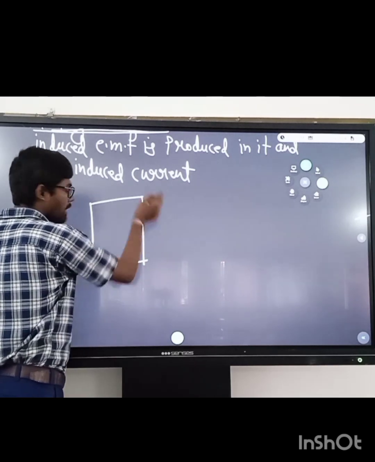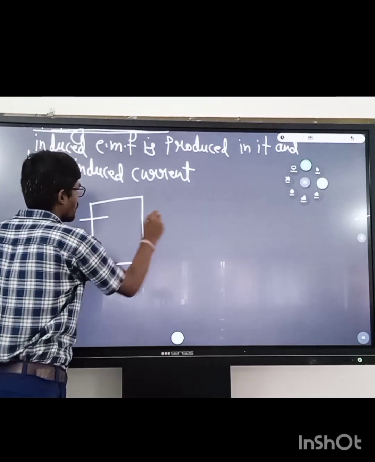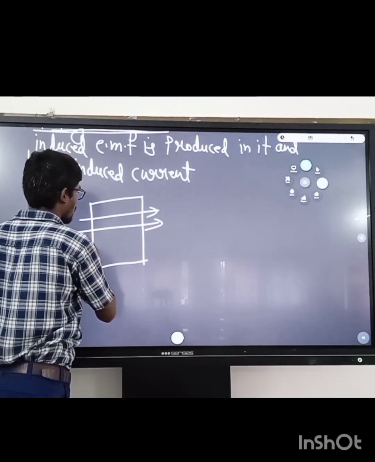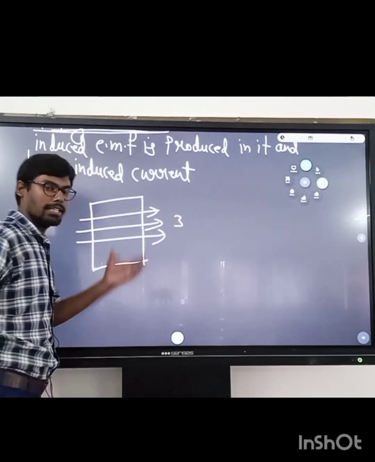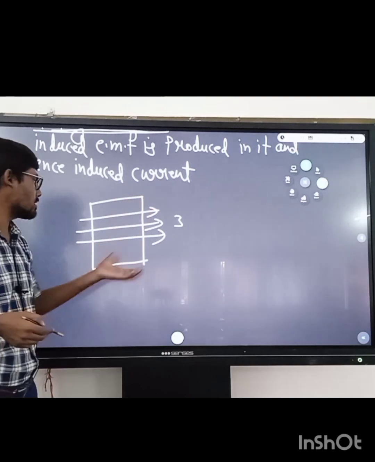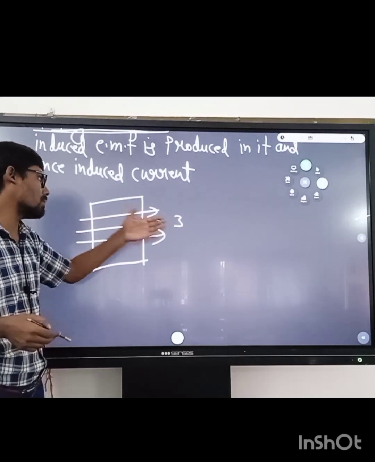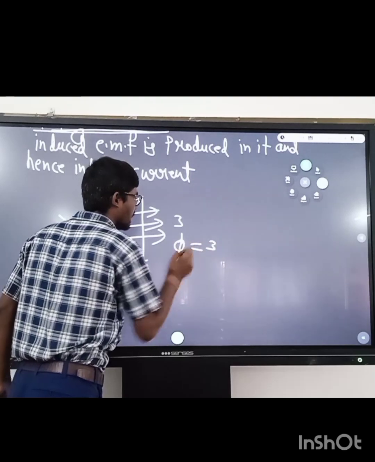This is any plane surface. Suppose three magnetic field lines, these 1, 2, 3 magnetic field lines, are crossing through this plane surface. So magnetic flux will be 3.